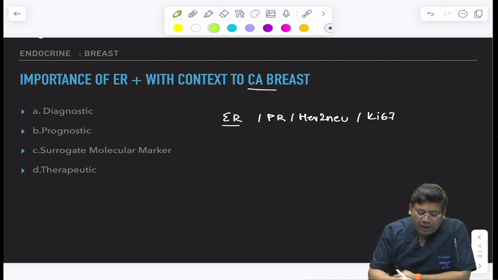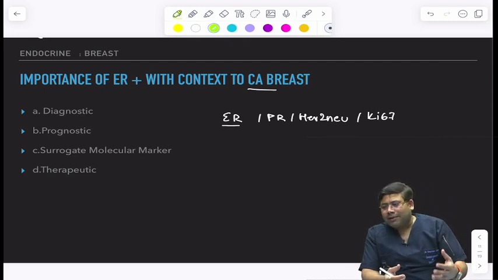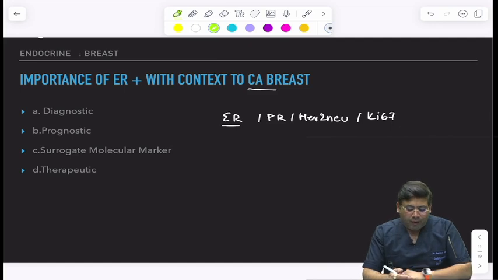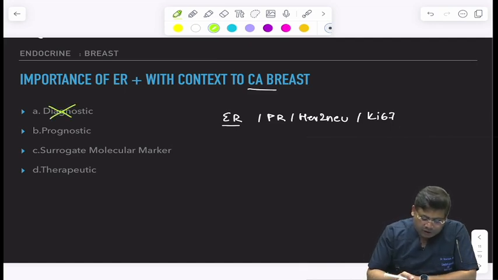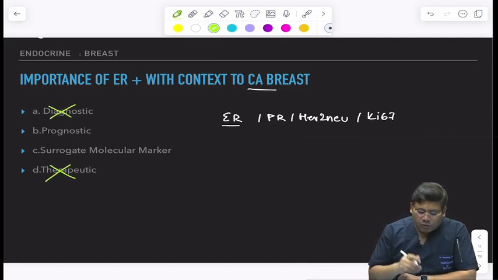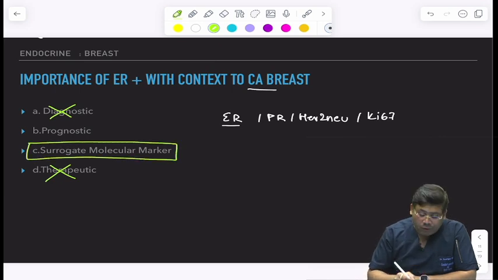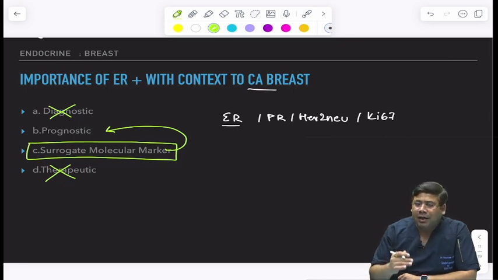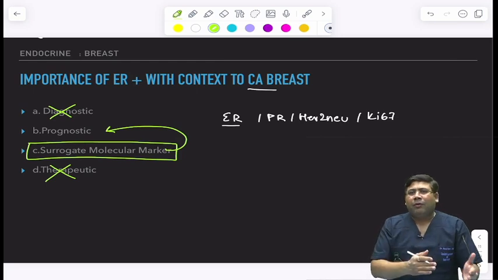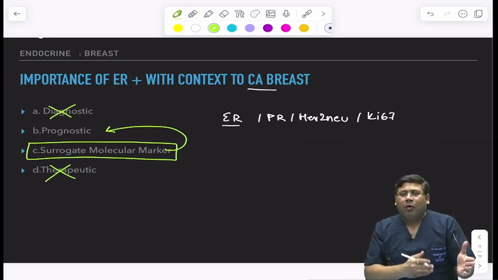So they tell about the tumor and its significance. Now here, they don't have any diagnostic, they don't have any therapeutic role. So they are a surrogate molecular marker. This is absolutely true. And since they are a molecular marker, their positivity or negativity will give you a chance to add, or refrain from using, a hormone therapy.